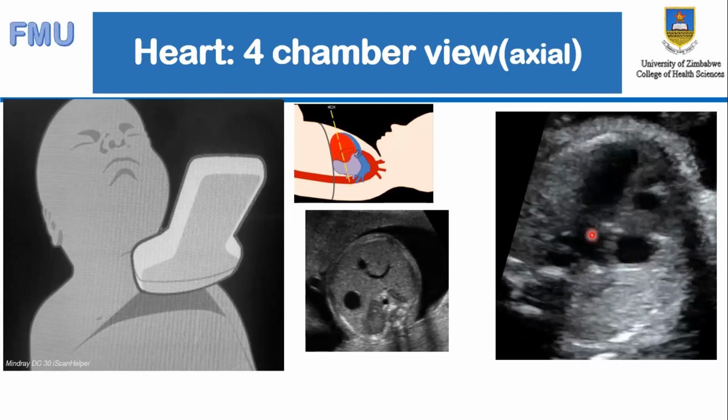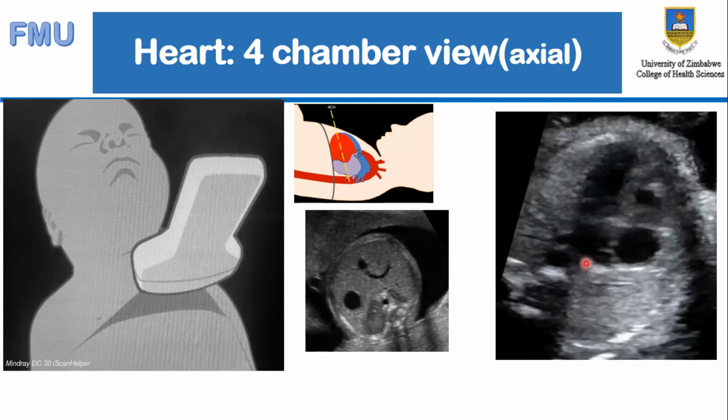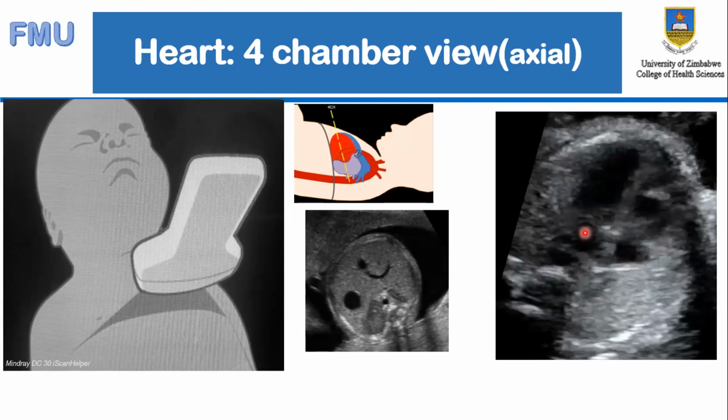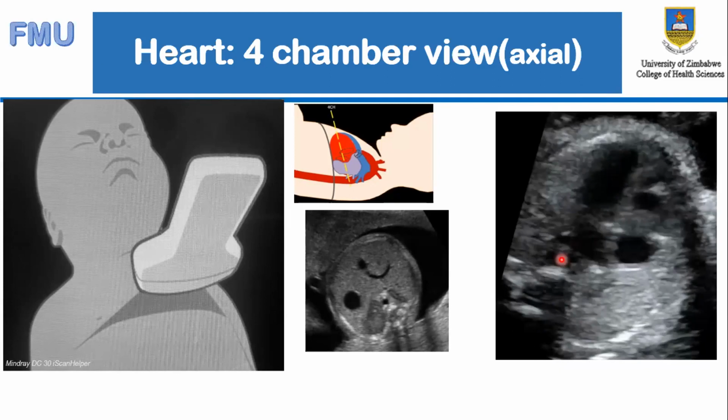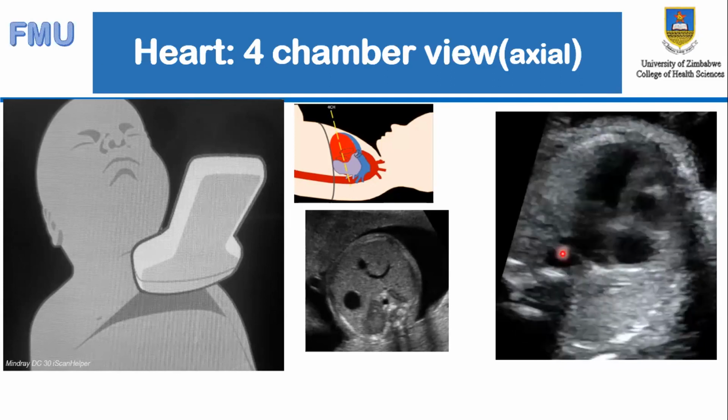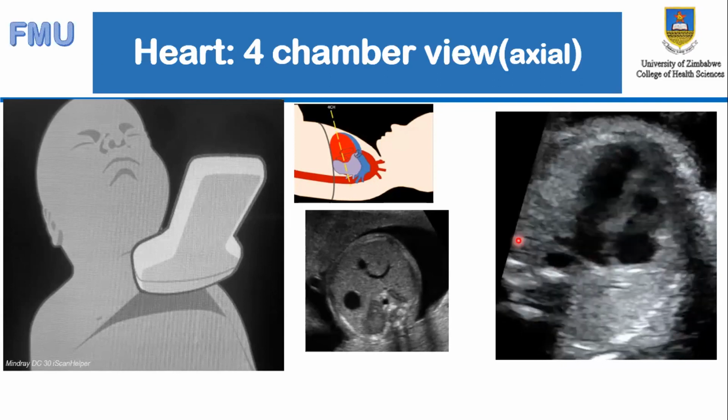We also go on to assess the pulmonary vessels, which we should see entering the left atrium, and just below we should see the aorta, which should be the only vessel that we see just below the pulmonary vessels. Then from there, we also assess the outer margins of the heart to exclude any cardiac effusion.